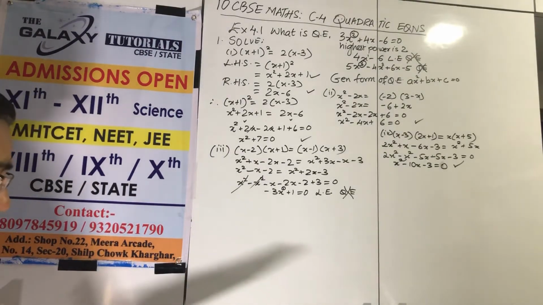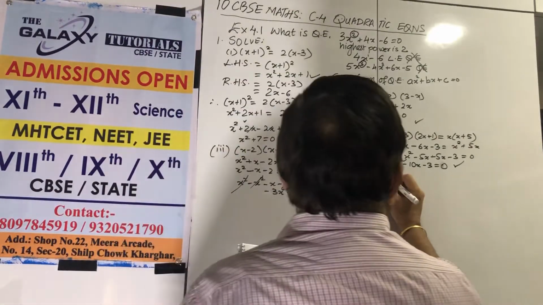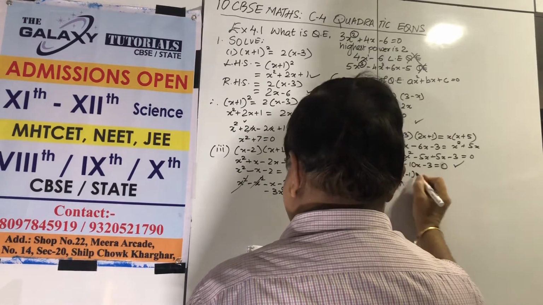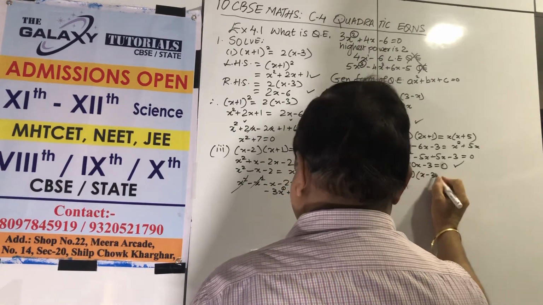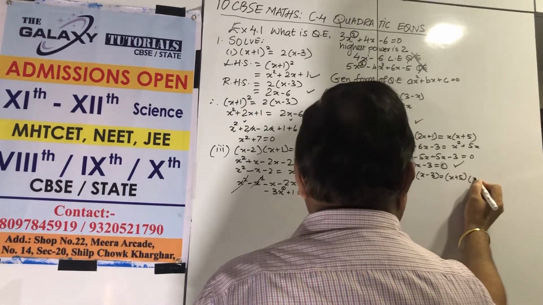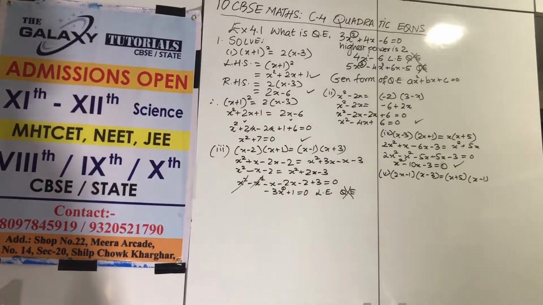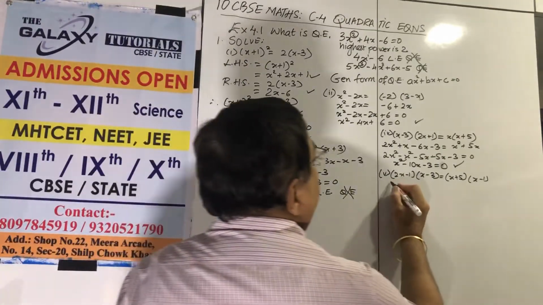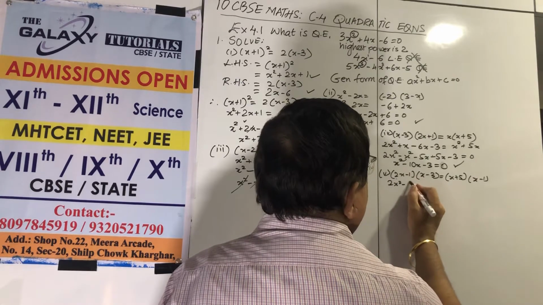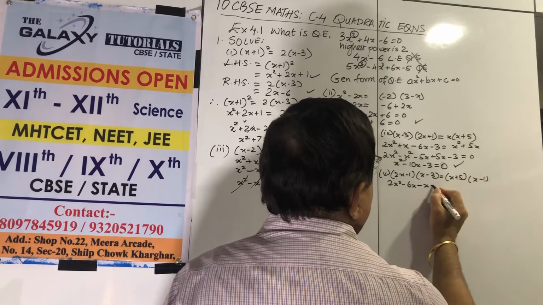Let us see sum number 5. In the fifth sum, I am having (2x minus 1)(x minus 3) is (x plus 5)(x minus 1). Opening the brackets, 2x into x is 2x square, 2x into minus 3 is minus 6x, minus 1 into x is minus x, minus 1 into minus 3 is plus 3.